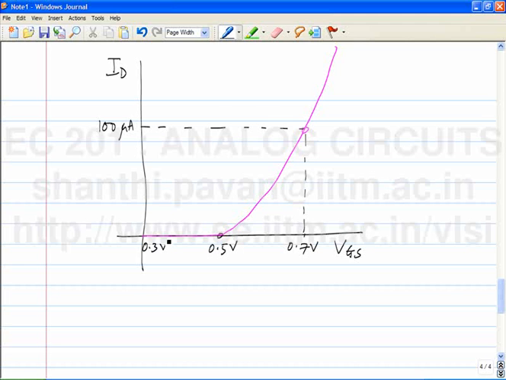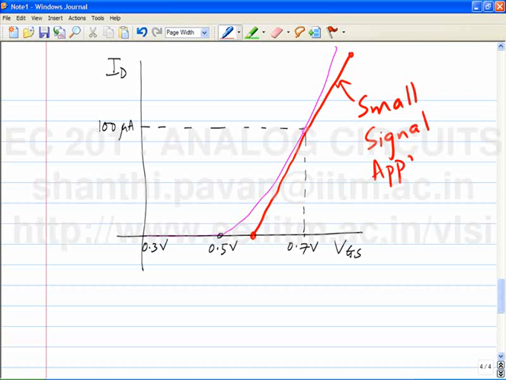Alright, and what we have done is we have assumed that the current in the MOSFET is the quiescent value, which is 100 microamperes, plus gm times vgs. So graphically, what have we assumed? It's a straight line. The straight line will be tangential to the parabola at the operating point when we say small signal approximation.